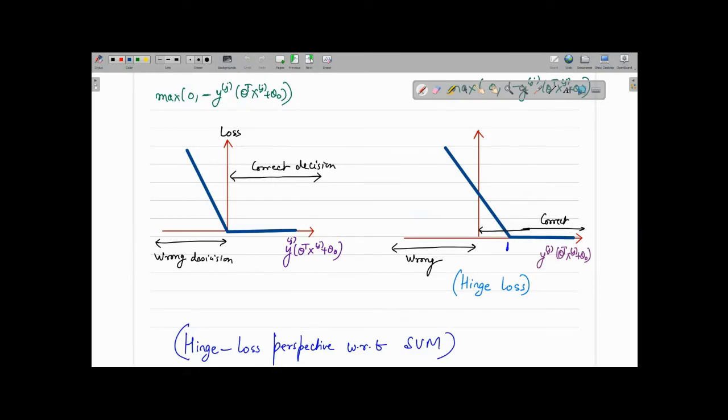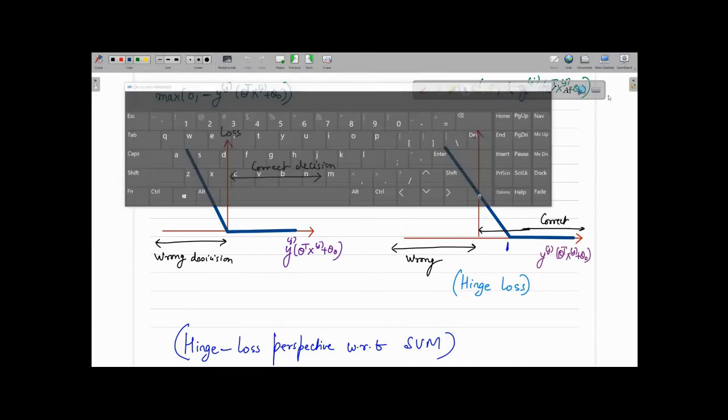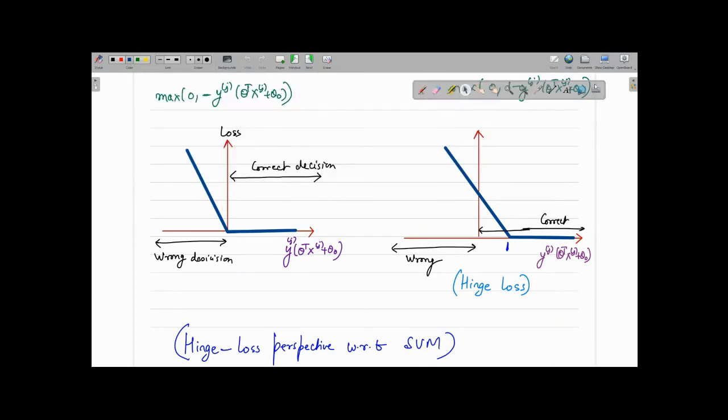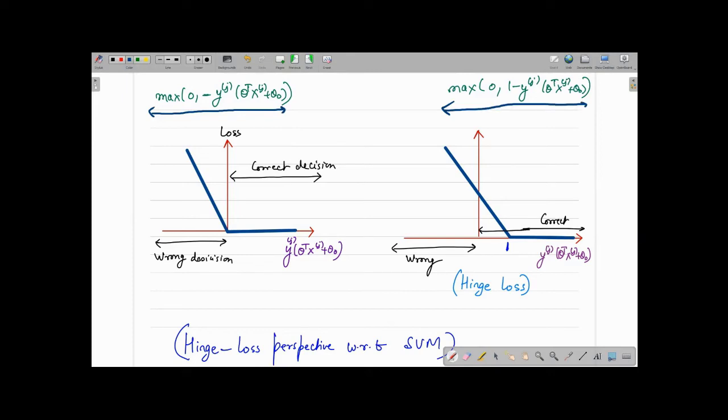So this is basically trying to show you the max of 0 minus something and max of 0 comma 1 minus something.